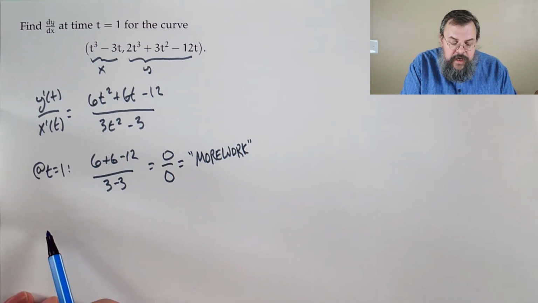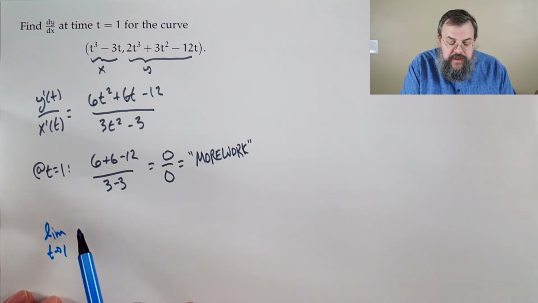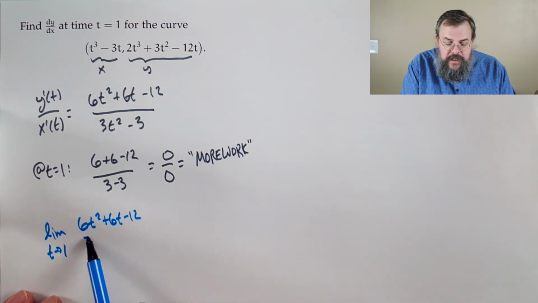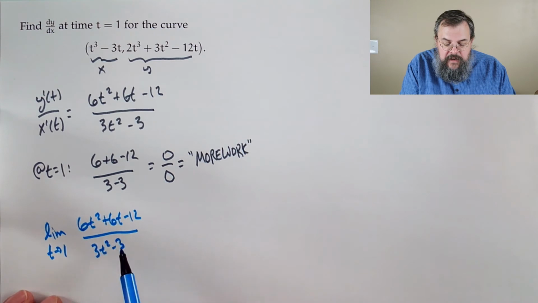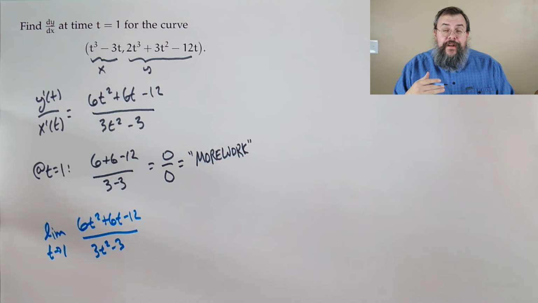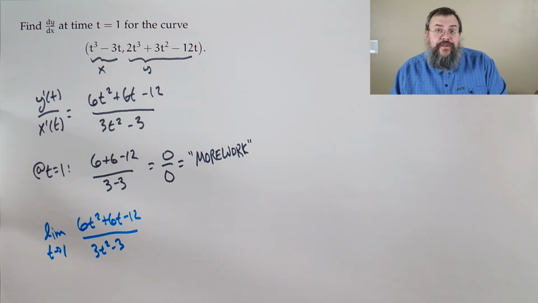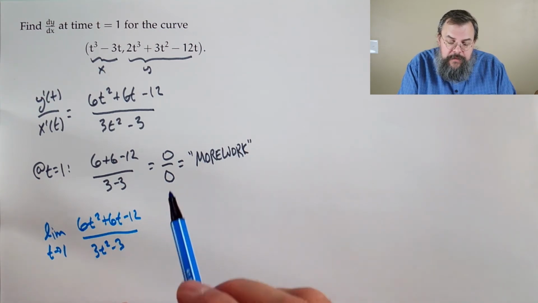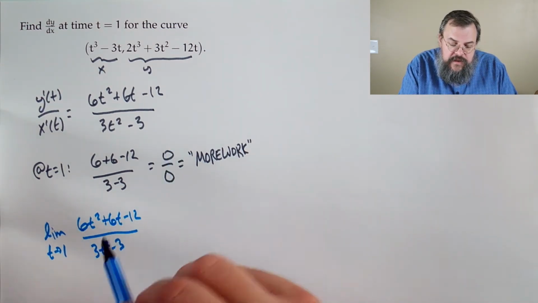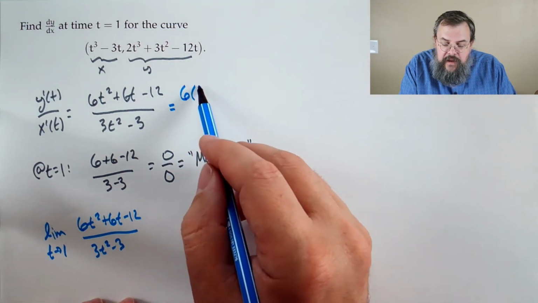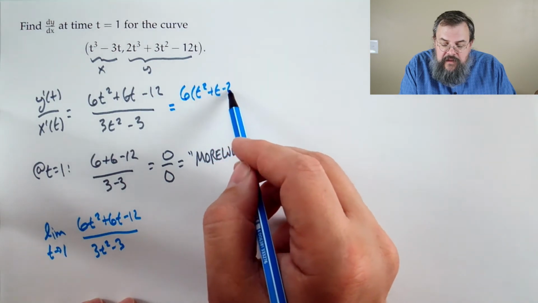So we're going to take a look at the limit as t goes to 1 of this expression and see if we can get a handle on it. Really, we don't need limits here because we can see what's going on. It's polynomial over polynomial, and getting zeros means things factor. Upstairs I can factor out a 6, leaving t squared plus t minus 2.